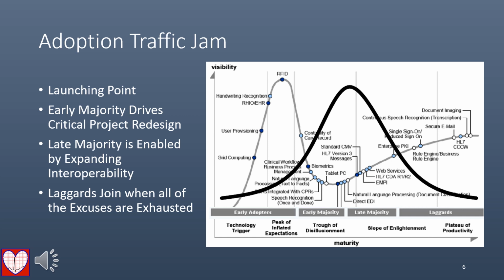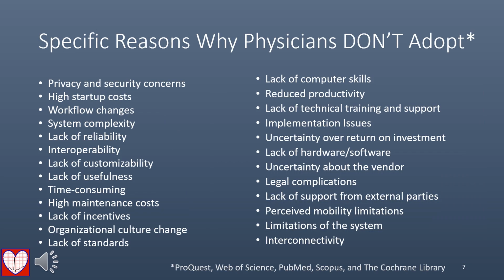So, what excuses or valid reasons might push a provider so far down the curve as to be a laggard? According to the 2020 qualitative study by Duda and Wang, a rigorous research study to identify those reasons was conducted through 5 major academic databases, including ProQuest, Web of Science, PubMed, Scopus, and the Cochrane Library.